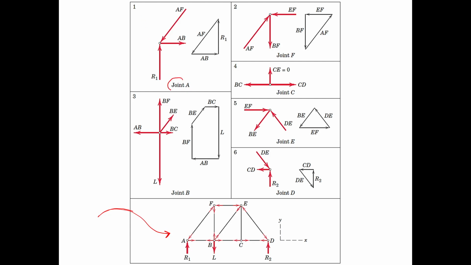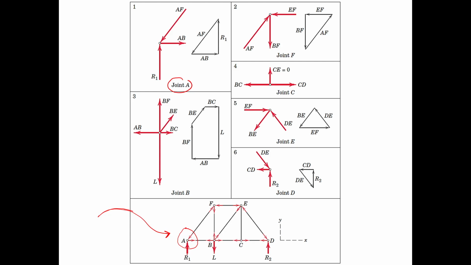Notice that if you highlight joint A, you'll only be dealing with three forces, three members. One is the reaction, the second one is member AB, and the third one is member AF.